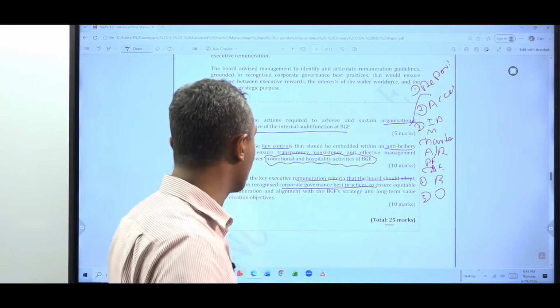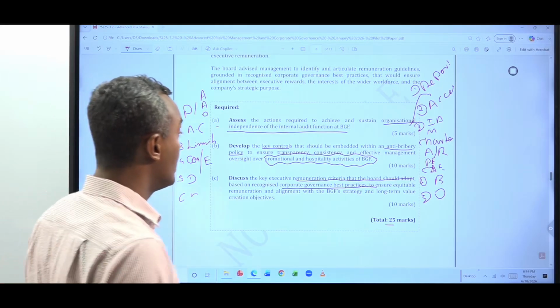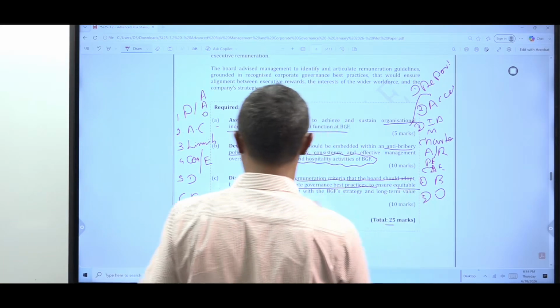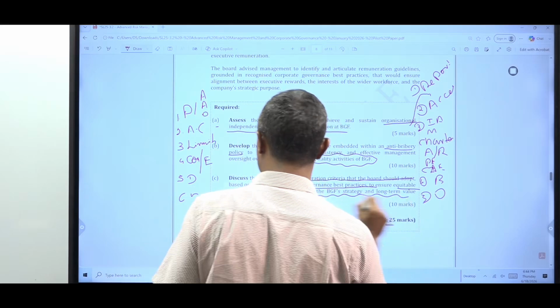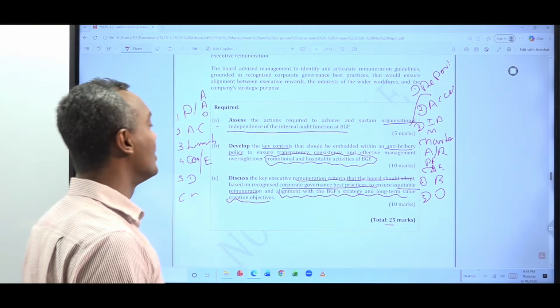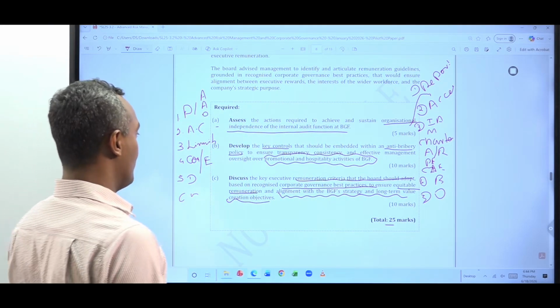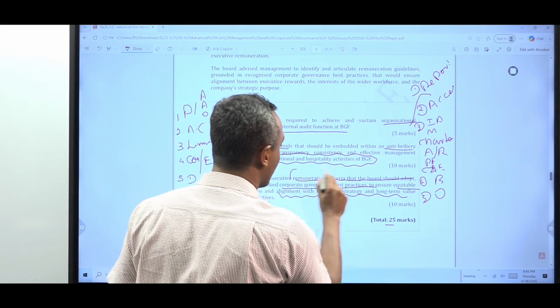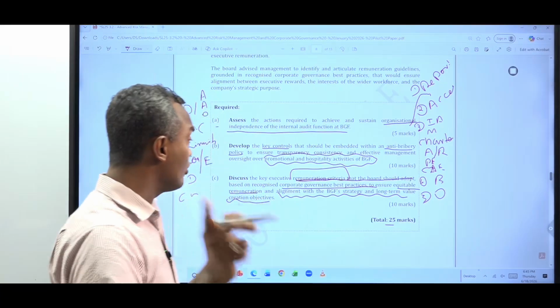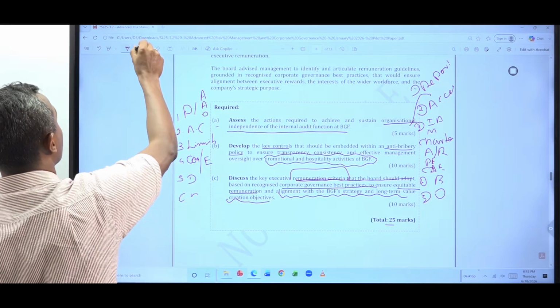If you have a corporate governance code, you can bring in equitable treatment, equitable remuneration, and aligning with the strategy and long-term value creation objectives. Very good. Now the answer is within this question itself. Discuss the key executive remuneration criteria. So the question itself has given you 2 answers, 2 or 3.